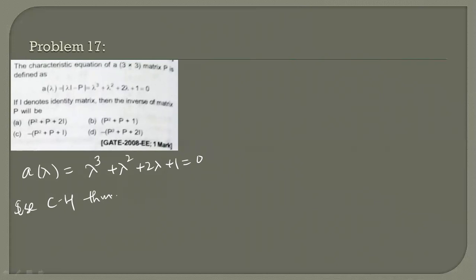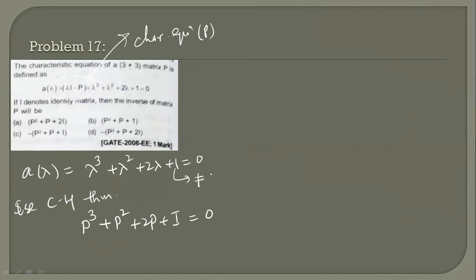It means if this is the characteristic equation of matrix P, then matrix P will satisfy this equation. So it will be P cube plus P square plus 2P plus identity equal to 0. Now for P inverse, you can see a constant term exists here. The constant term is not 0, so P inverse will exist definitely.